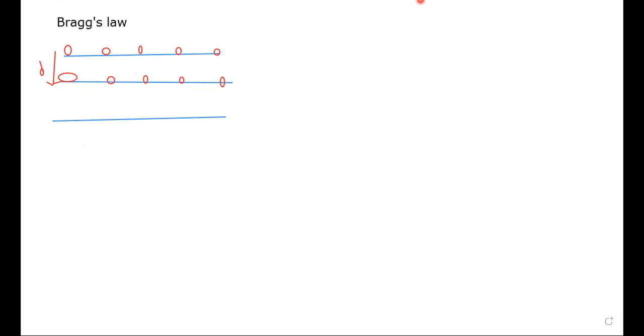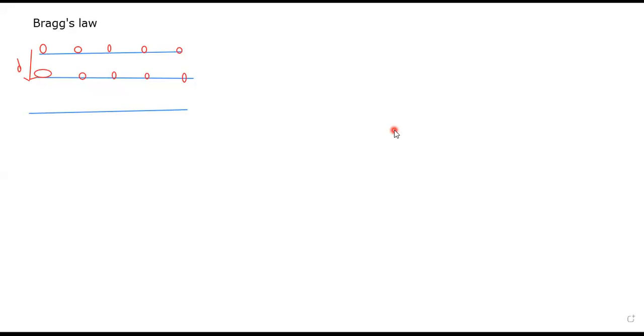Then what is to be used here? We have to use a radiation which has a very small, very short wavelength. Then Bragg used X-rays. X-rays have very short wavelength.